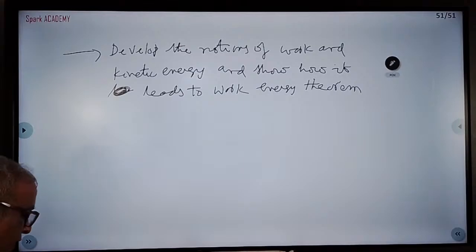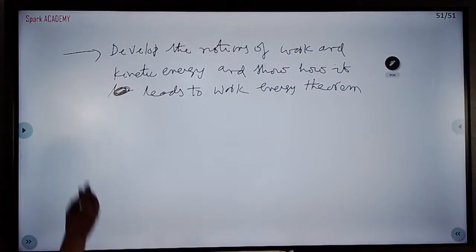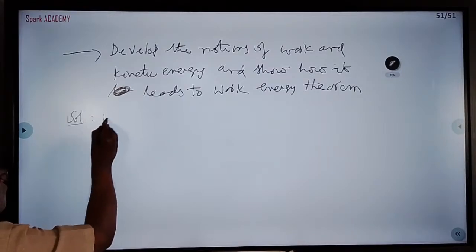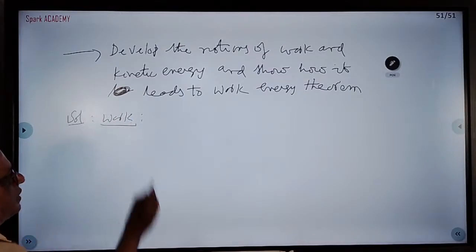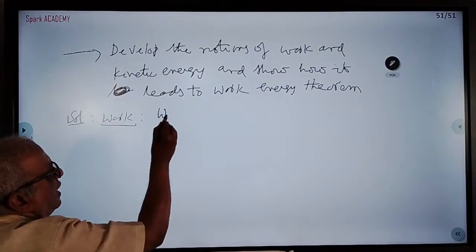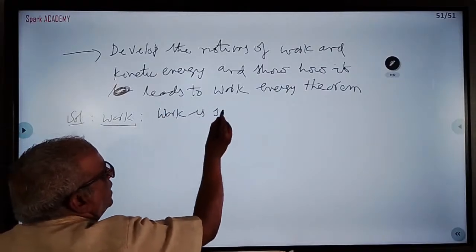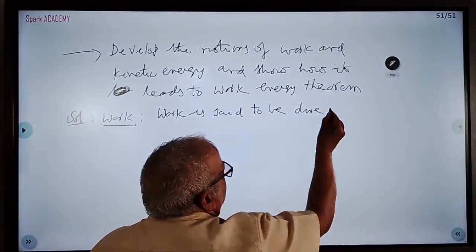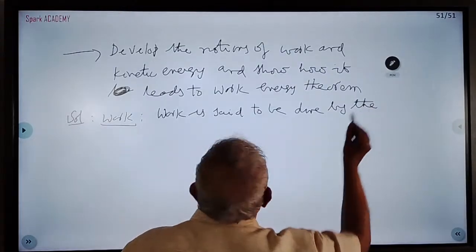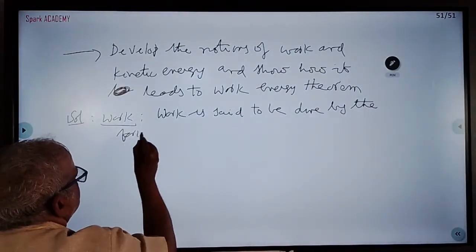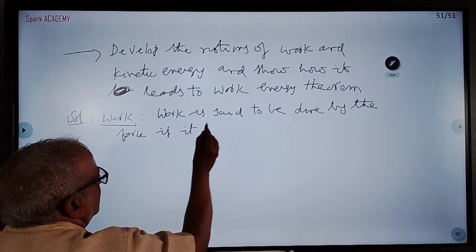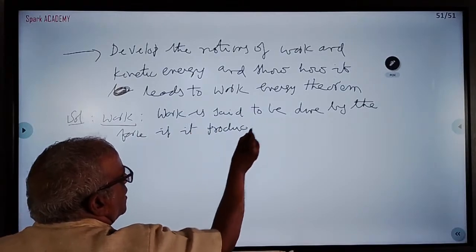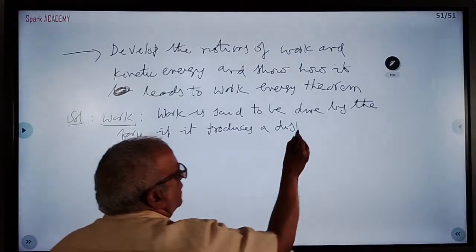What are the notions of work and kinetic energy? We have to give the work formula and the kinetic energy formula. Here I am writing the solution.